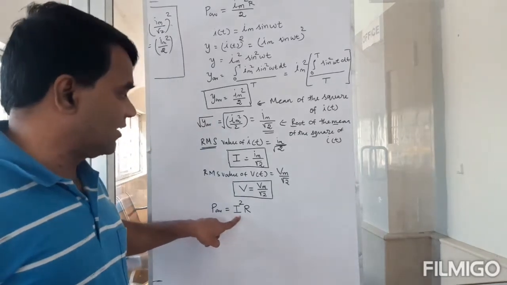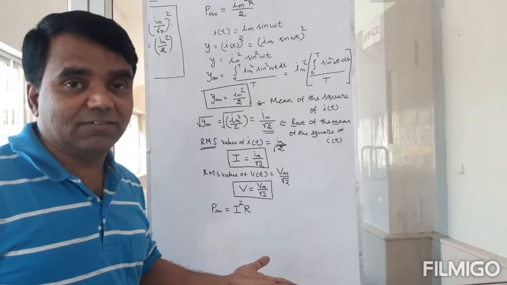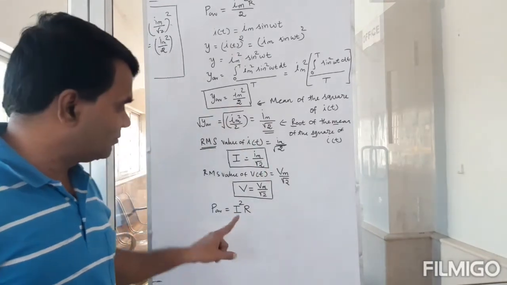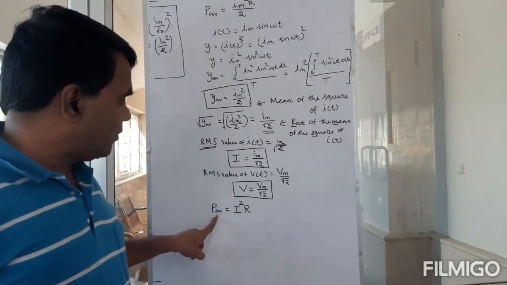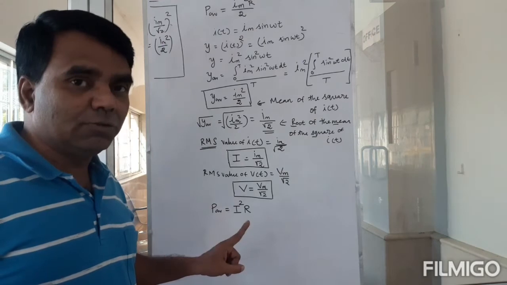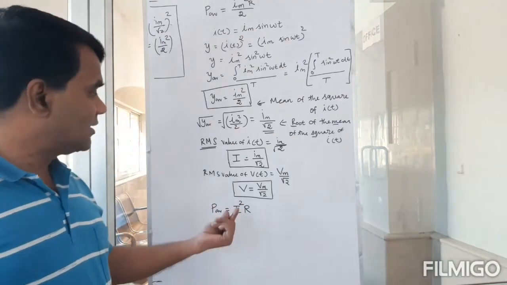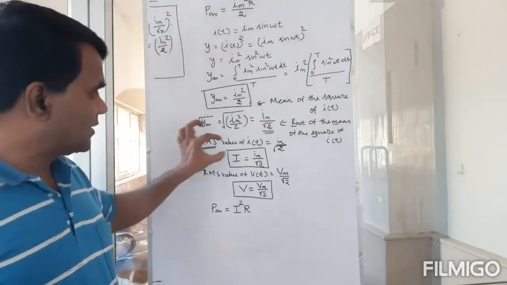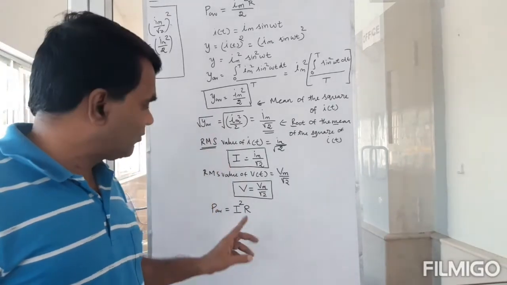This is not average I. Average I in a circuit will be 0. You've seen that. The sin omega t will be 0 over a cycle. So that's not true. So average power is equal to I RMS squared. Capital I means I RMS, the root mean square.